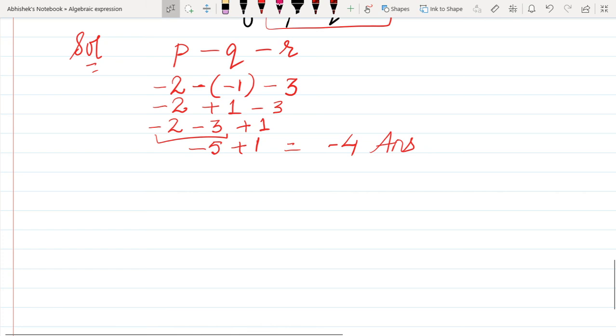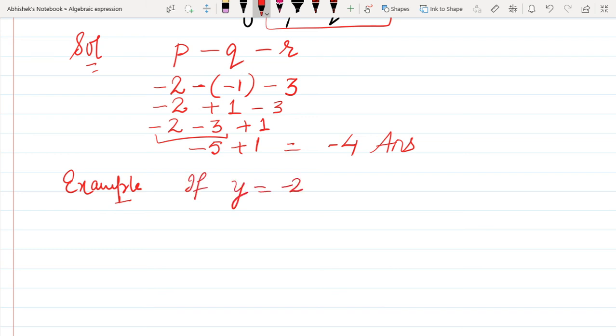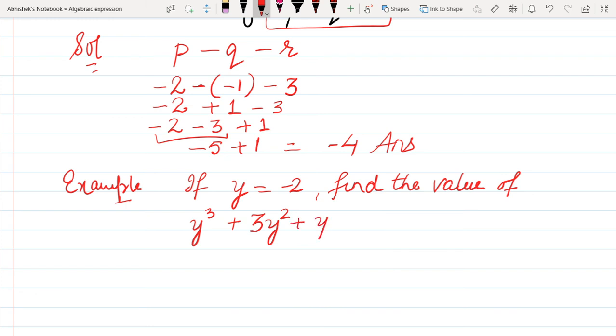So let's take one more example. Here you can see I'm going to write one more example. If y is equal to minus 2, find the value of 3y square minus y cube plus y minus 1.